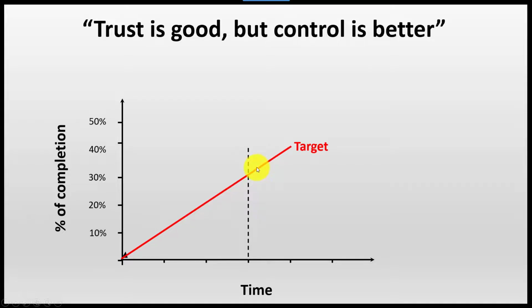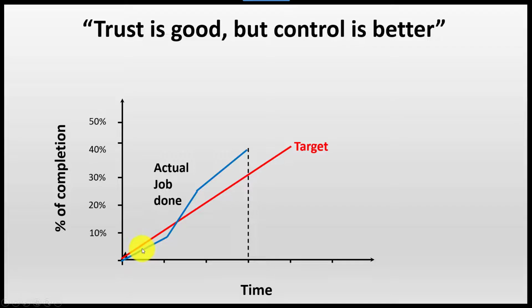And against that benchmark, you start comparing reality. And maybe reality might look like this. So in other words, imagine that you create this plan, this line, and now imagine that week after week or month after month or day after day, you start estimating the percentage of completion. And then you start drawing this run chart that you see here.